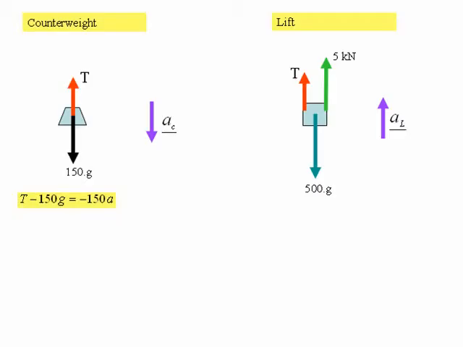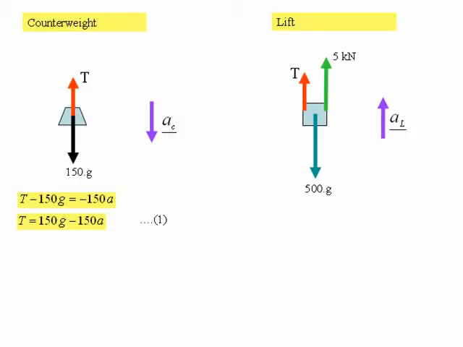So that is minus 150 A. The minus sign now because it's in the downwards direction. Sorry, the acceleration is in the downwards direction. Transposing that equation gives us an expression for T, and we'll call that our equation 1.